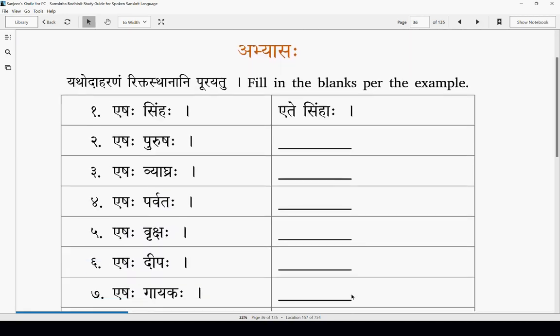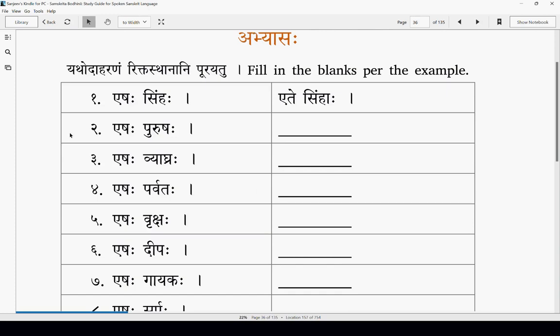So if you want to extend the same thing, there are some exercises also, questions also here. Eshah Simha, Ete Simha. Now what will become the Eshah Purushaha in the Bahuvachanam? Ete Purushaha. Same pattern will follow. Same table like Rama, Bahuvachanam, Simhaah, Purushaah. Similarly, Eshah Vyagraha.